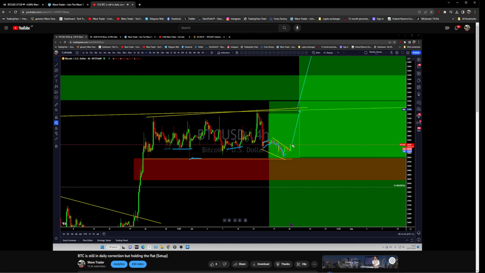Right now it's trying to break out to the upside, but the pace is not very strong, not an aggressive breakout. From that bottom we'll see whether it is going to break out for another leg higher or drop for another leg lower in this formation. So that's the lower time frame picture.